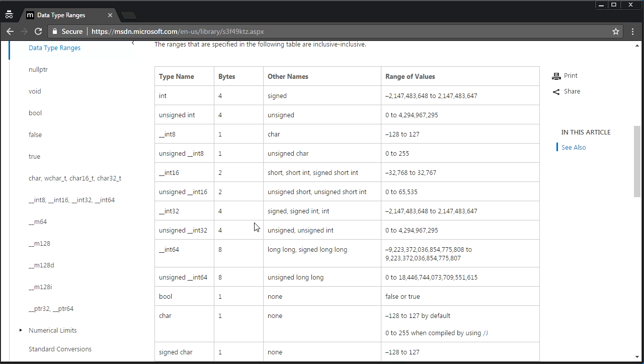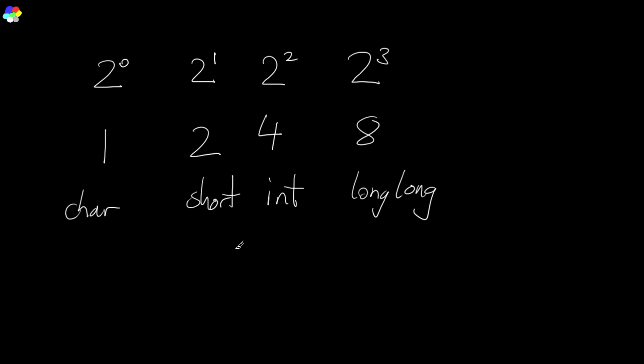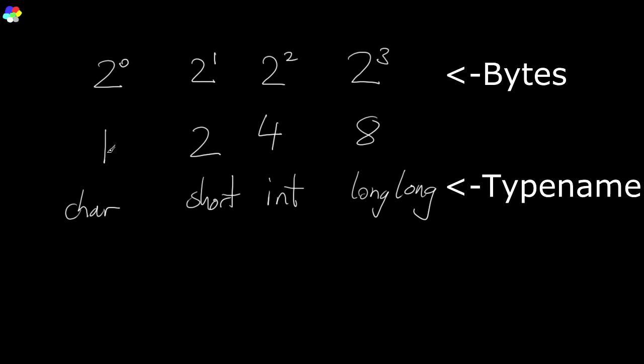It can't access 6 bytes at a time or 3 bytes at a time. It accesses in powers of 2. And you can see that here. 2 to the power of 0 is 1, that's a char. 2 to the power of 1 is 2, that's a short. 2 to the power of 2 is 4, that's an int. And 2 to the power of 3, 8, that's a long.